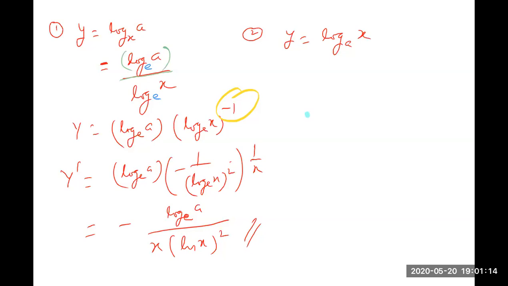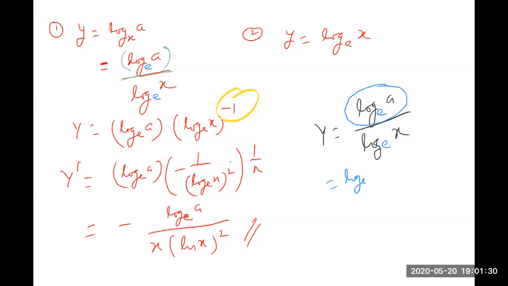See again here, y is equal to log a upon log x. The base is e, I have kept e. Now this numerator is constant, so I am keeping it as it is, log e a. Derivative of 1 upon log x: this is log a into log x raised to power minus 1.